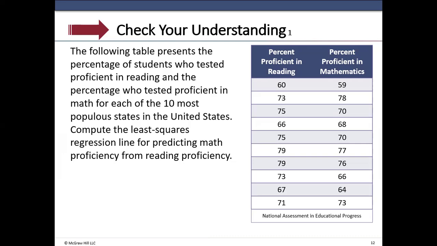Then press the right cursor button on the top right corner of the calculator to move the cursor to the first line in L2, where we are going to enter Y values, which is the second column of data, as you see on the screen. So 59, 78, 70, 68, 70, 77, 76, 66, 64, and 73. So we have the X and Y values.